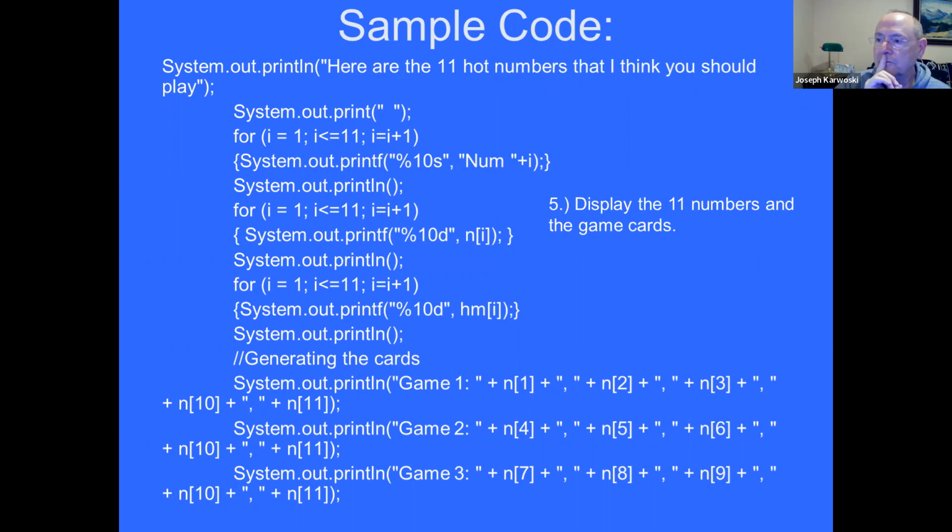All right. Now you are free to use whichever hot cold system you want. I will tell you what I am going to do, and so we can check it. I have decided for my cold system, I'm going to go through and I'm going to select the numbers that have not come up in the last 3 drawings.